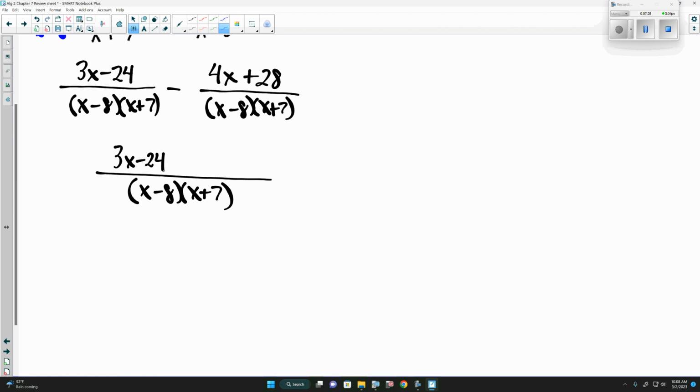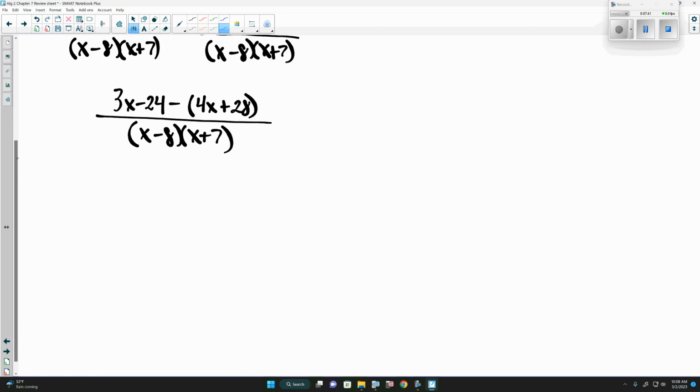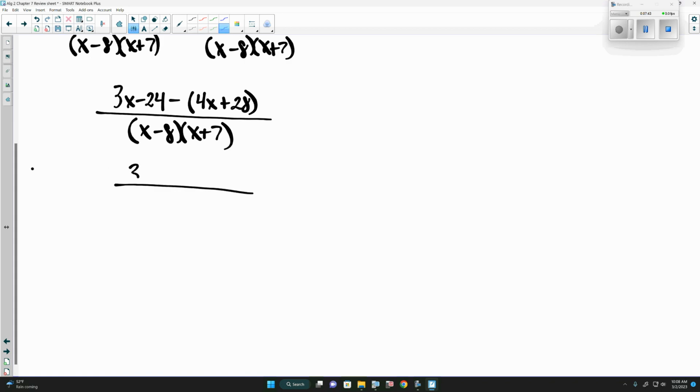Now the first one, the 3x minus 24, won't have any impact with signs. But since we're subtracting the 4x plus 28, that sign is going to have to be applied to it. Which is going to tell us that we have 3x minus 24 minus 4x minus 28.